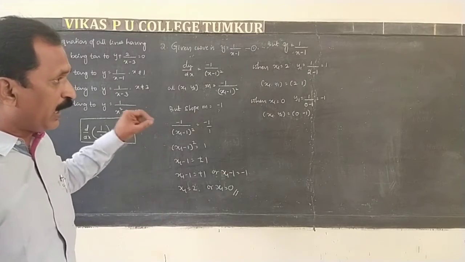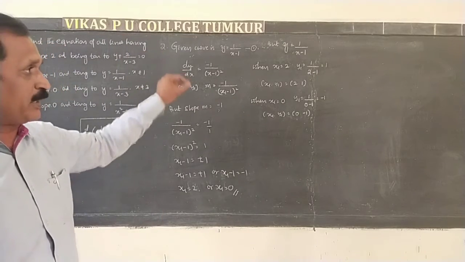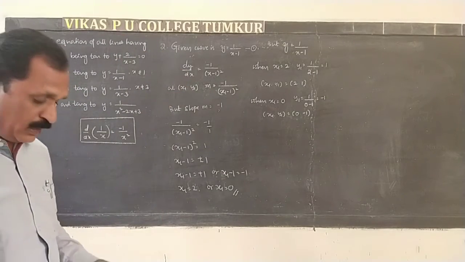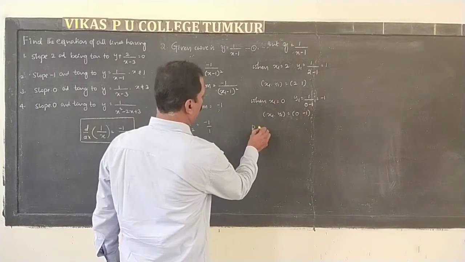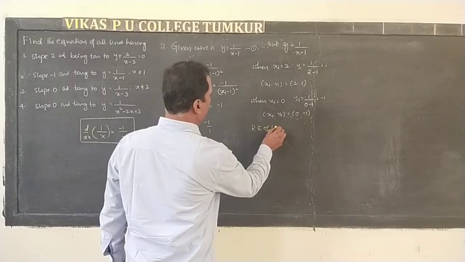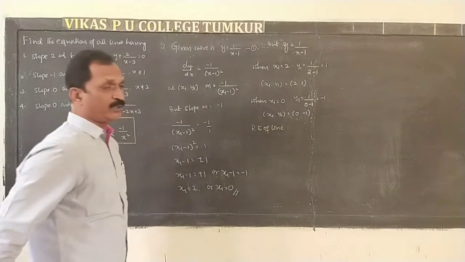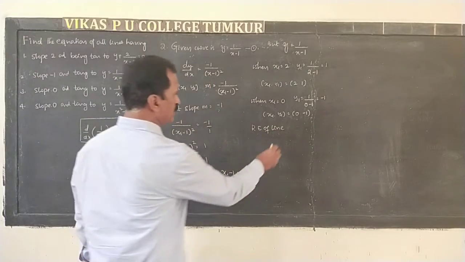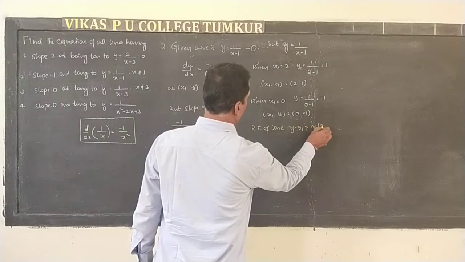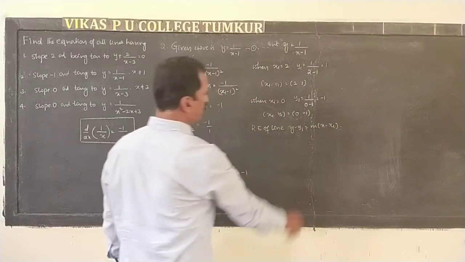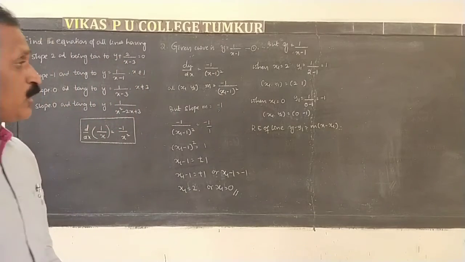Now let me have the equation of lines at these points, right? So what is the required equation? For all the things, the required equation of line is always in the form of y minus y1 is equal to m into x minus x1. At those points now, right?